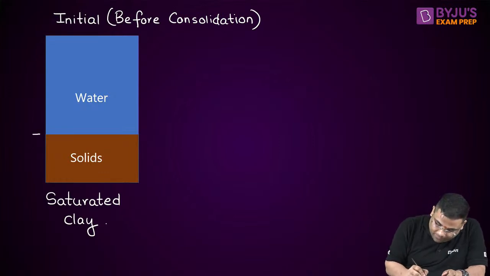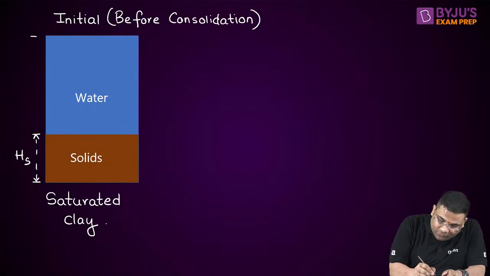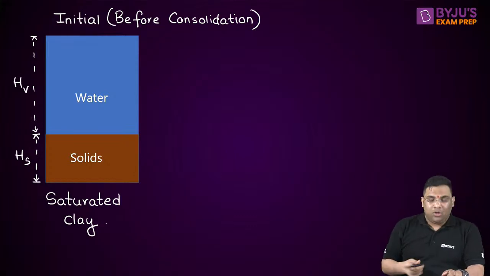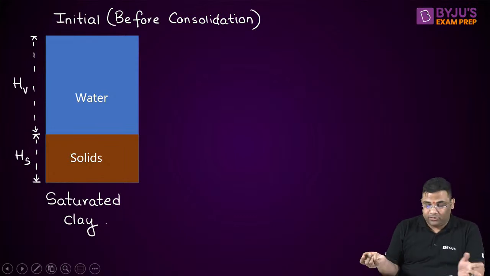Now see, this I can say is the height of the solids, right? And this is the height of the voids, because all the voids are filled with water, since it's a fully saturated clay.